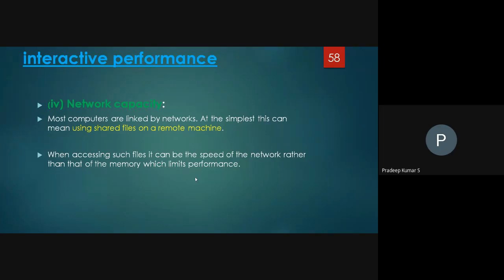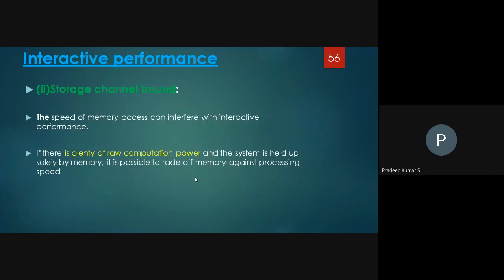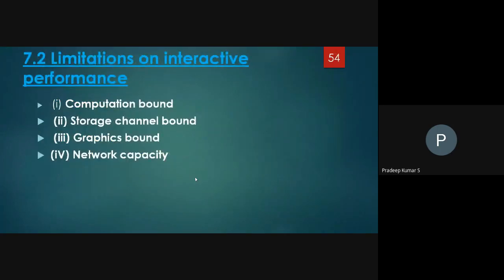So in the interactive performance, what is the limitation? The limitations of interactive performance are: one, the computation bond; second, the storage channel bond; third, the graphics bond; fourth, the network capacity. Computation bond means we have to note what the process is by which the delay occurs. For the storage bond, we referred to the speed and the security.